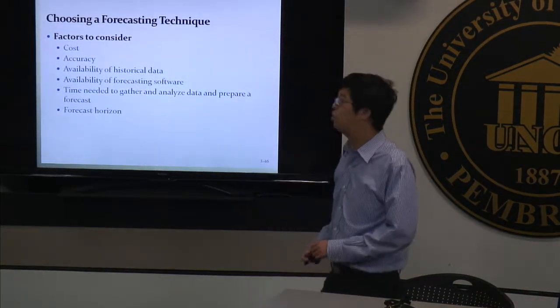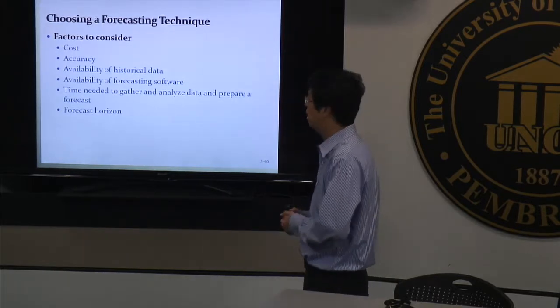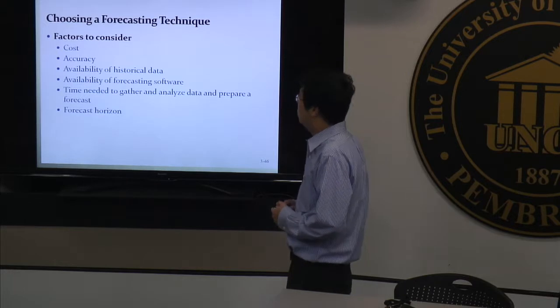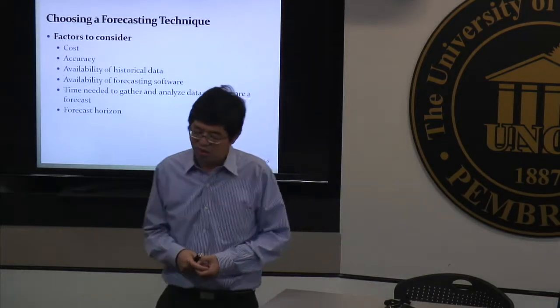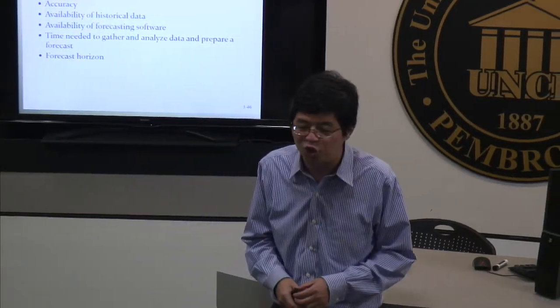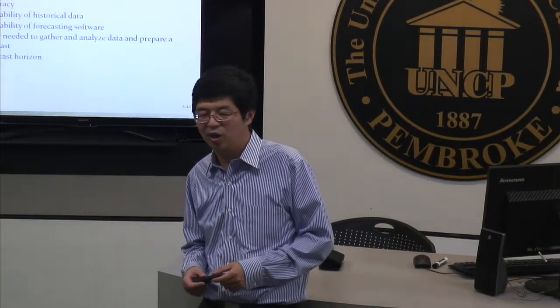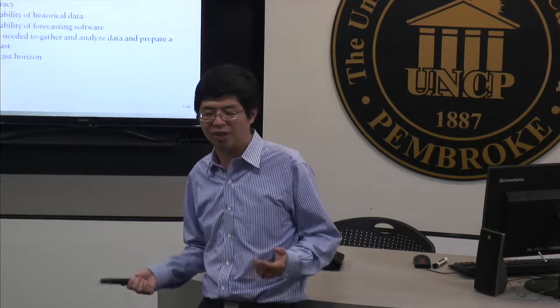Factors to consider to choose the forecast technique. Now we already have 8 techniques, right? It's more than 8. Factors to consider, the first one is cost. If you are not working in a big company like P&G, Unilever, Shell, you don't want to invest $1 million on just forecast. They did that.